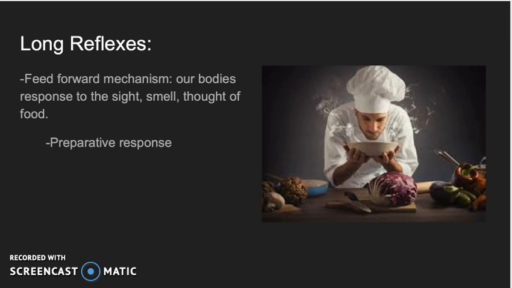This can be seen as a preparatory response in which the sight, smell, and thought of food are stimuli that are sent to the central nervous system and transmit a response within the GI tract. This stimulates secretion and prepares our GI tract for the consumption and digestion of food.